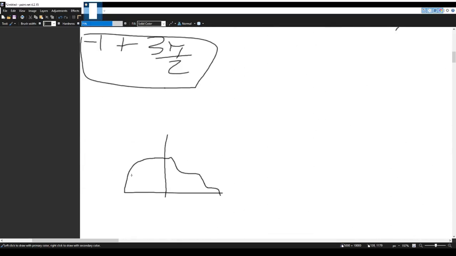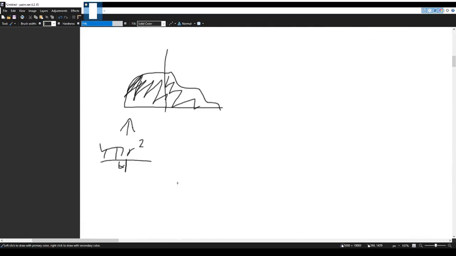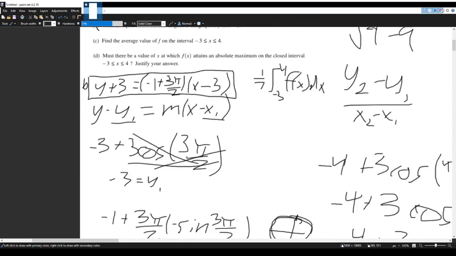So we want the area of this. This part is just a quarter of a circle, so it's pi r squared over 4, and r we know is 3.